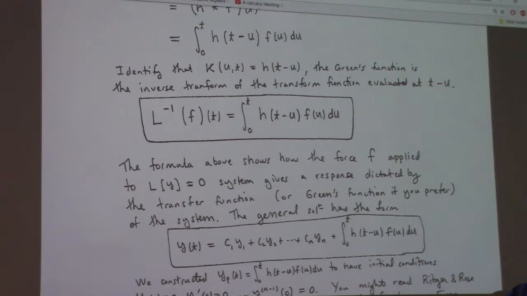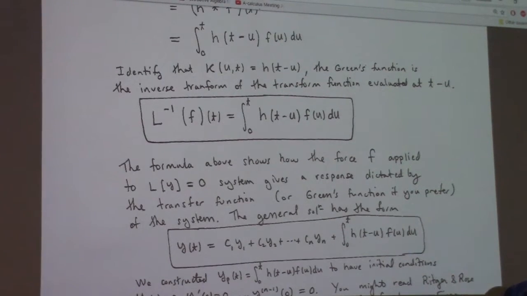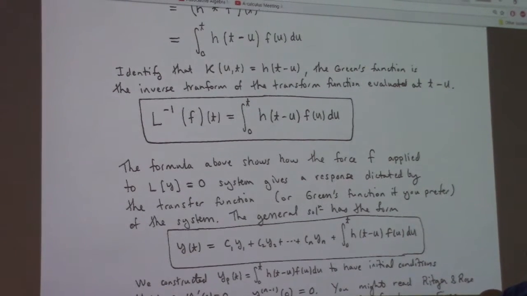It gives you the solution such that you've added a copy of the homogeneous solution such that y of 0, y prime of 0, y prime prime of 0, up to the nth derivative of 0 is 0. The convolution solution forces the function and all of its derivatives up to the order you're considering to be 0 at time 0.